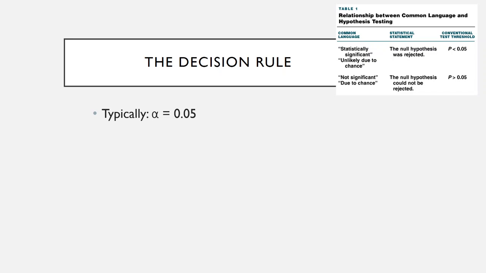Unless you have a reason to be more conservative and have a smaller decision rule, you can just go with p equals 0.05. That's the decision rule that's programmed into SPSS. That's the decision rule that we all accept as the bare minimum in the field. So unless otherwise stated, you're just going to be using alpha, or p, equals 0.05.